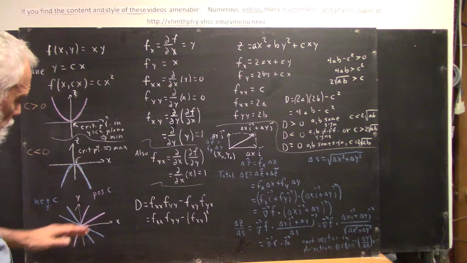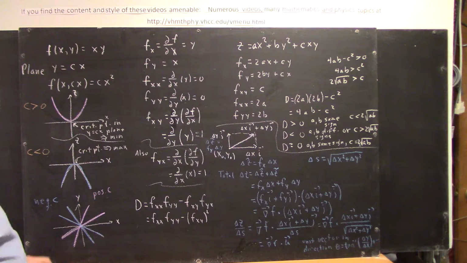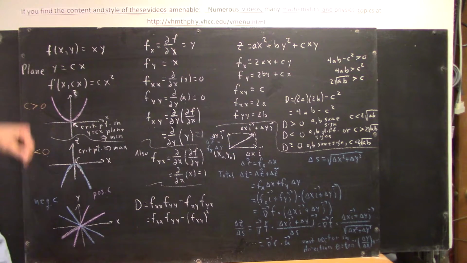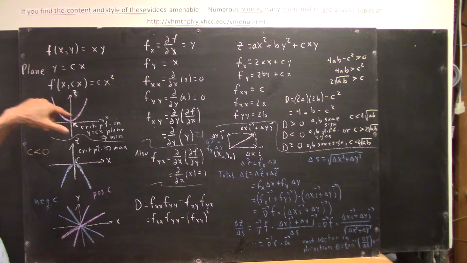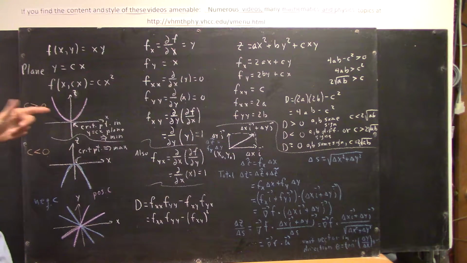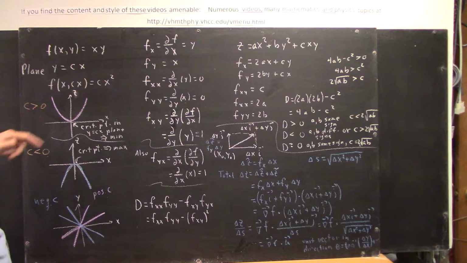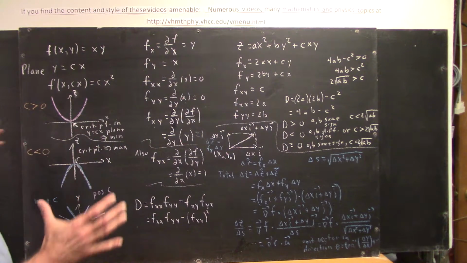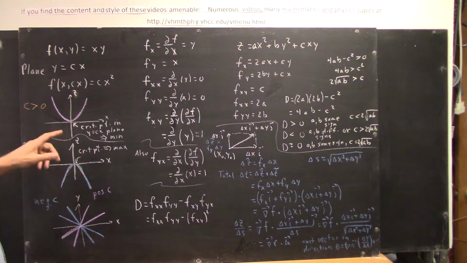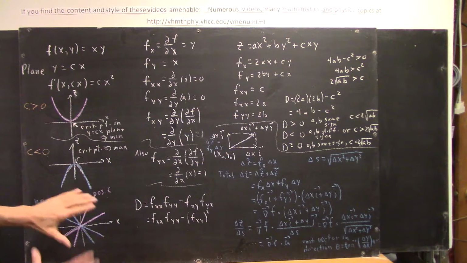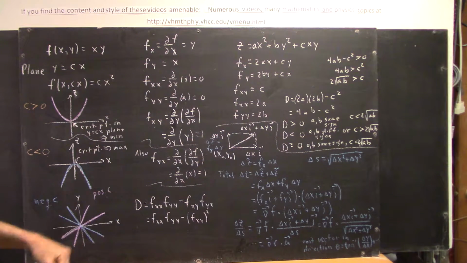If we're in any of these planes where the slope of y versus x is positive, we're going to have a parabola opening upward, and we're going to conclude that our critical point gives us a minimum at the origin. Now, when we look at the function as a whole, above the xy plane, we would have the z axis coming out of the board.